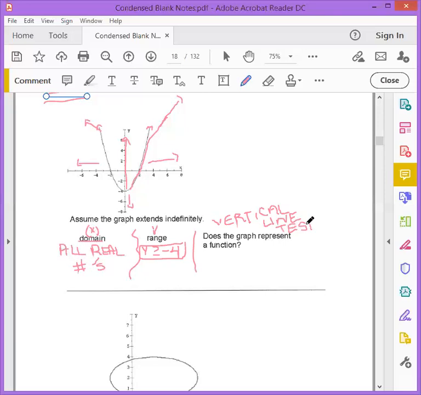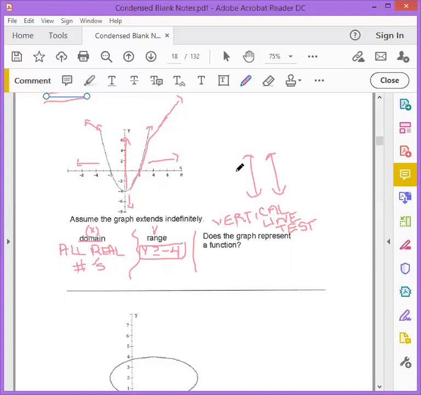After we draw the vertical lines through the graph, a vertical line being a line that goes up and down, we want to determine if each of those lines will touch the graph only one time. If the vertical line touches the graph once, then we would say that it is a function.